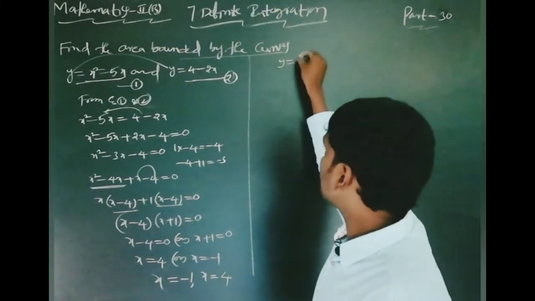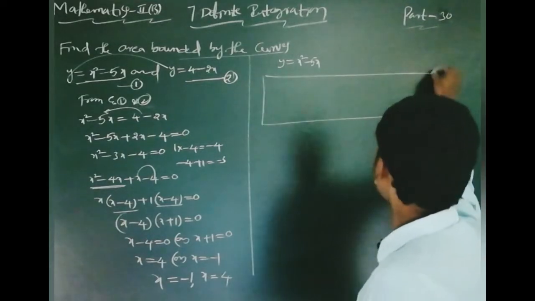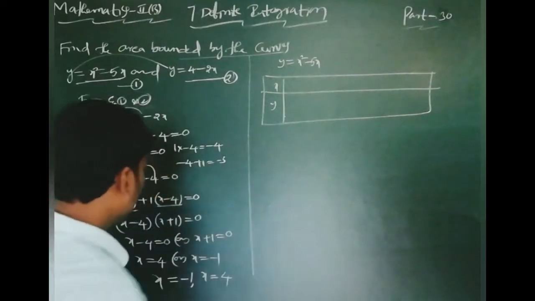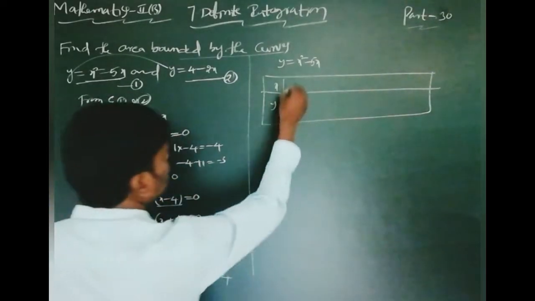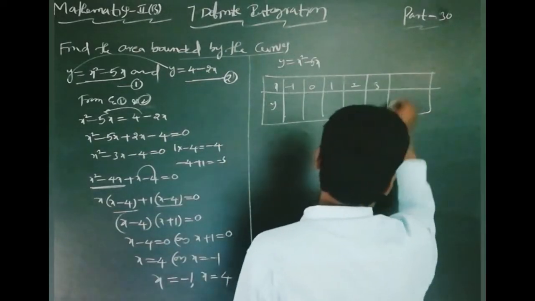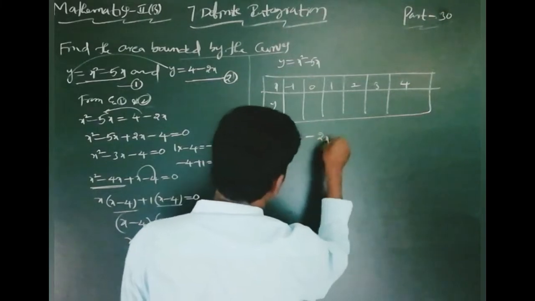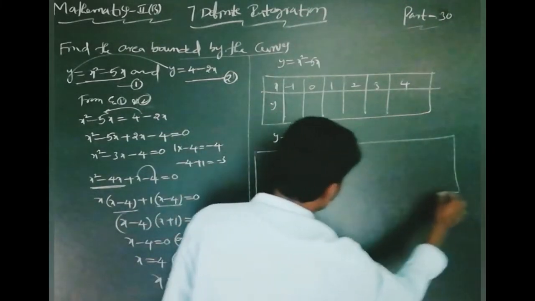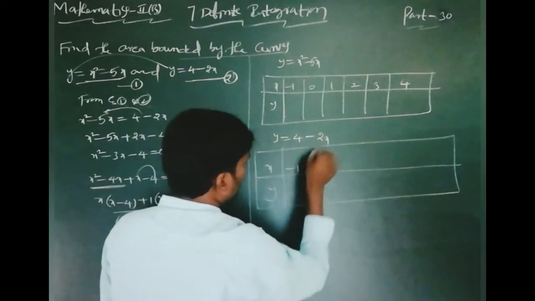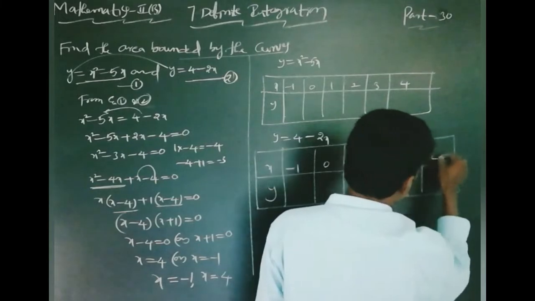Y is equal to x square minus 5x table. In this table we can find the values x, y. You can write x value is -1 to 4: -1, 0, 1, 2, 3, 4. Similarly, you can write y is equal to 4 minus 2x, same table, x, y, -1, 0, 1, 2, 3, 4.